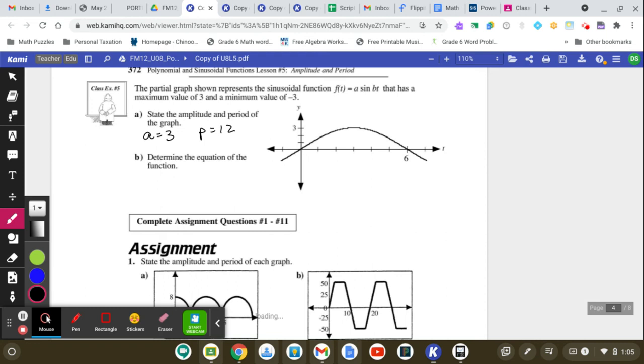So now I'm going to write the function. We decided that the amplitude was 3, so it's 3 sine of pi over 6 x. That is your function, because this is your b, and your a was 3.